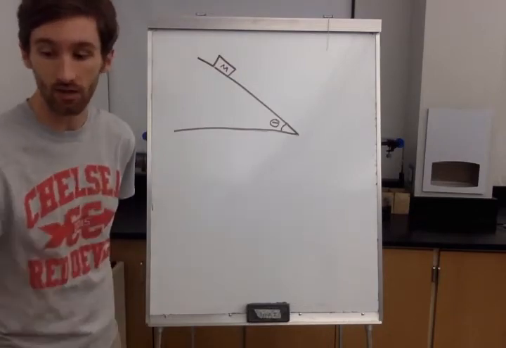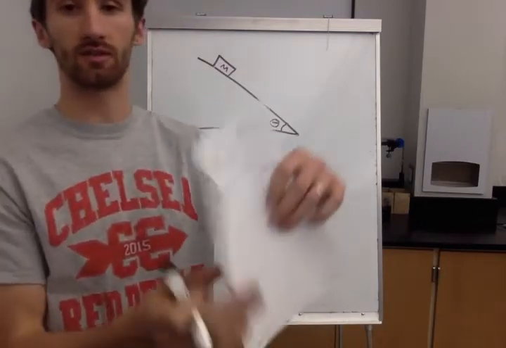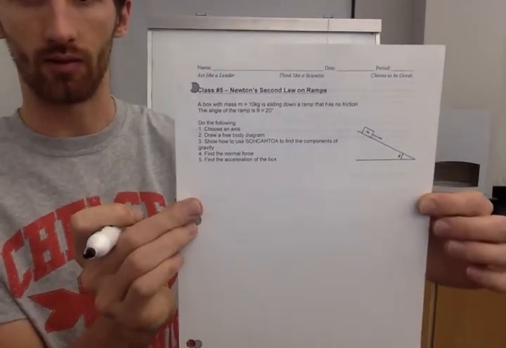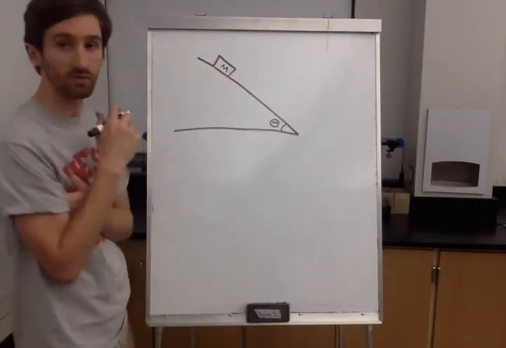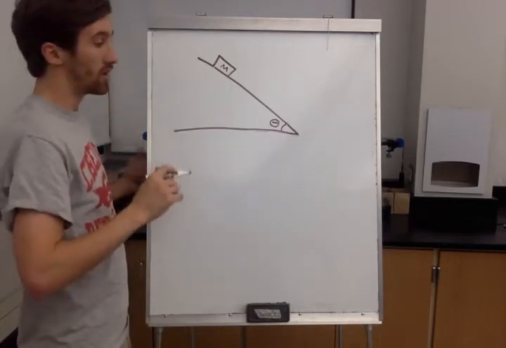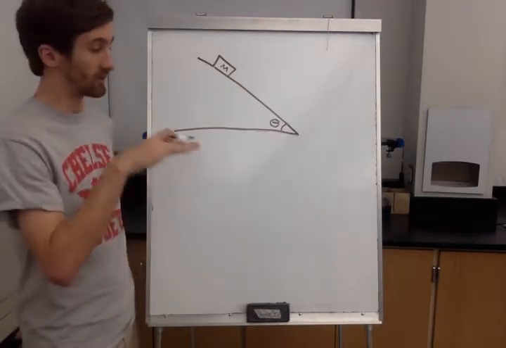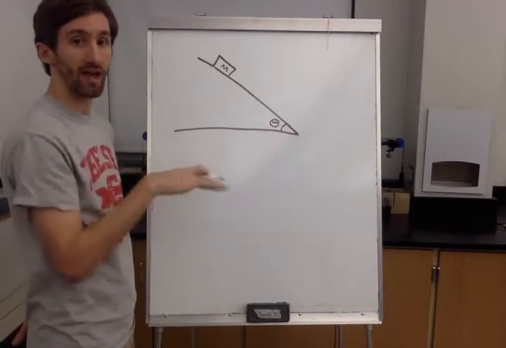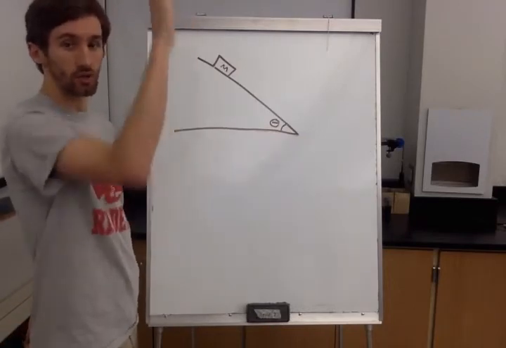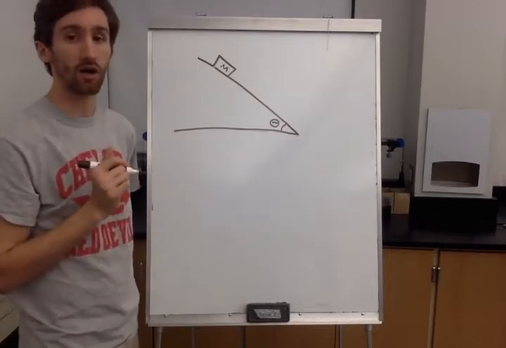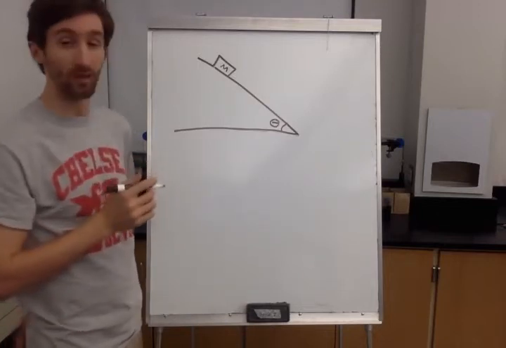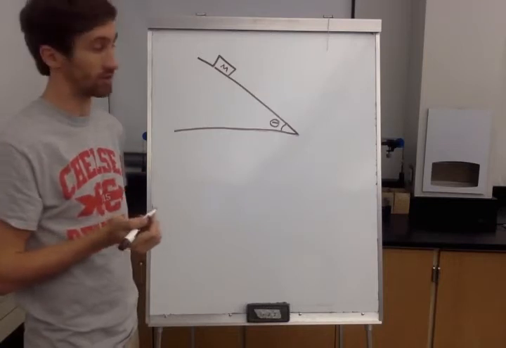So it says on page 21, and for reference, here I'm on this problem, that the first thing we need to do is to choose an axis. In all of our previous problems, we always had x going flat and y going straight up and down. But now we need to draw our axis so that it points in the direction of the acceleration.